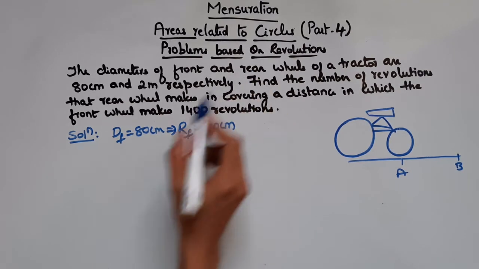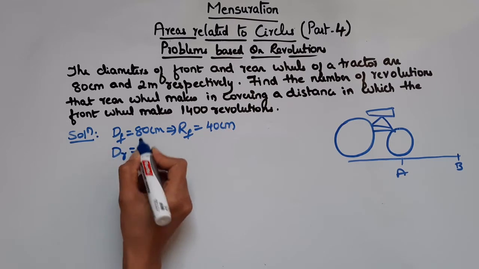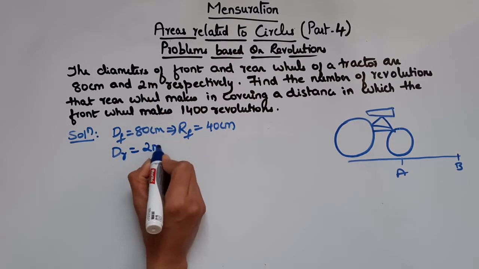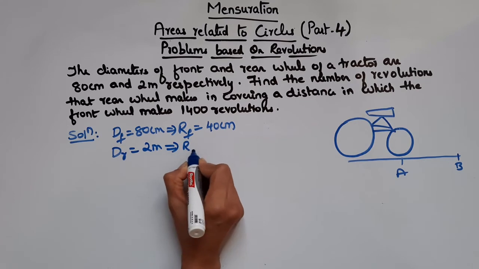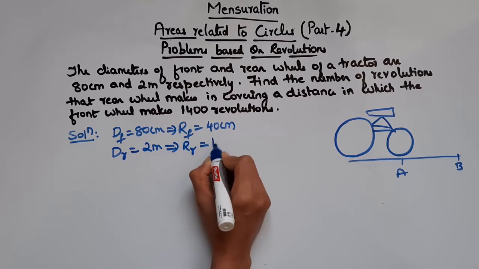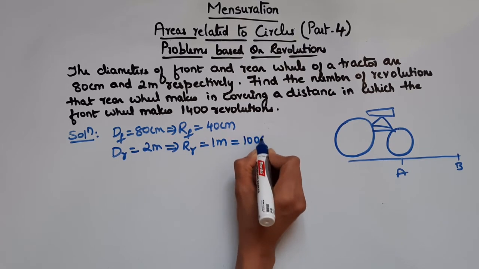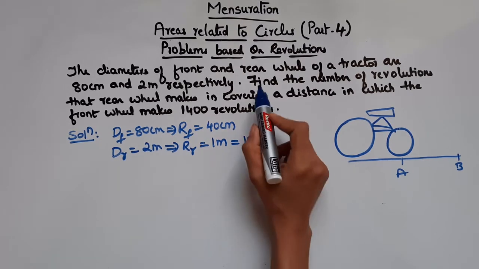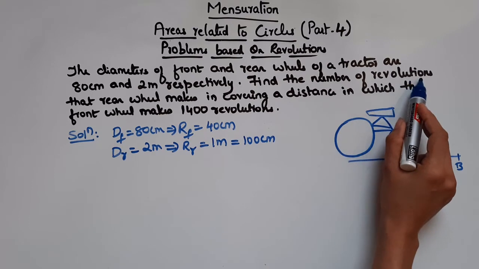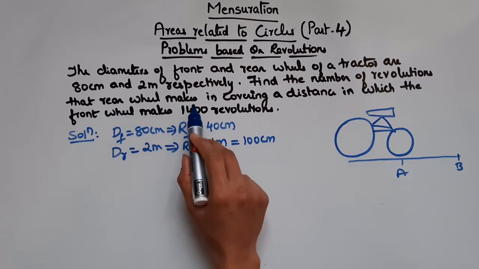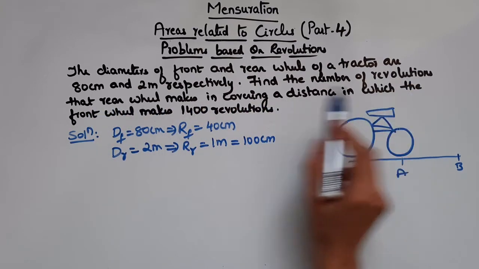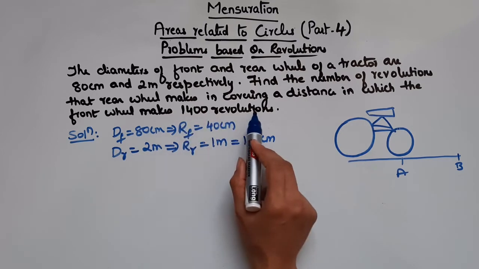And the diameter of the rear wheel is 2 meters, which implies the radius of the rear wheel is 1 meter. We will convert this to centimeter, that will be 100 centimeter. So here we have to find the number of revolutions that the rear wheel makes in covering a distance in which the front wheel makes 1400 revolutions.